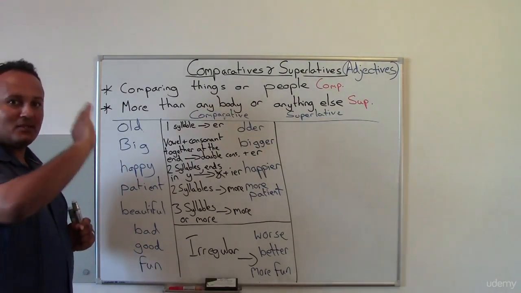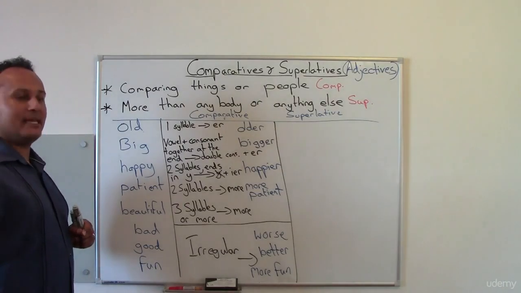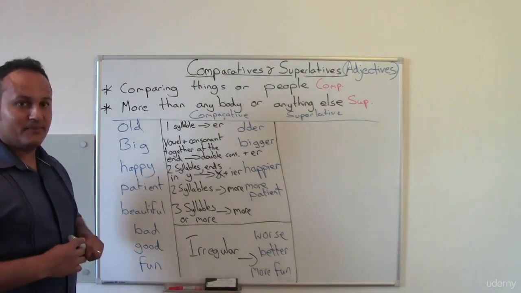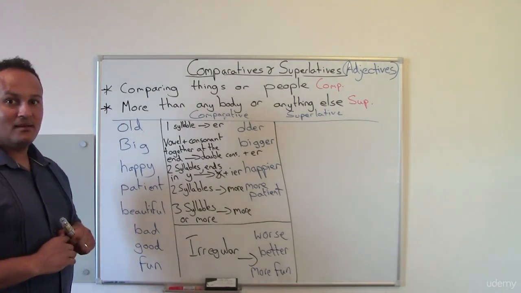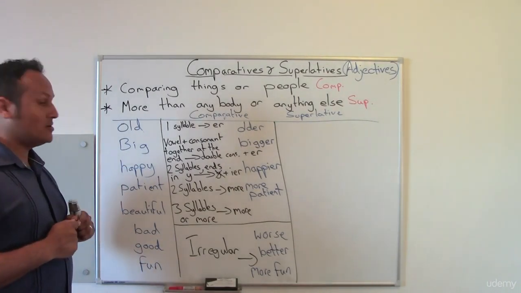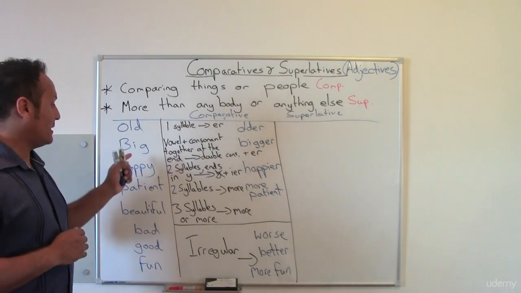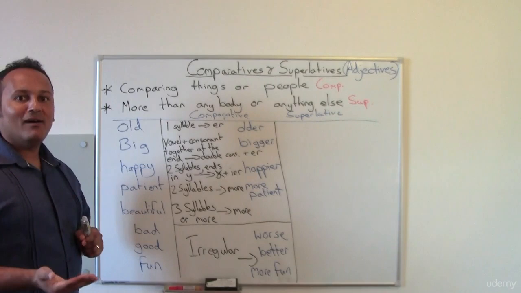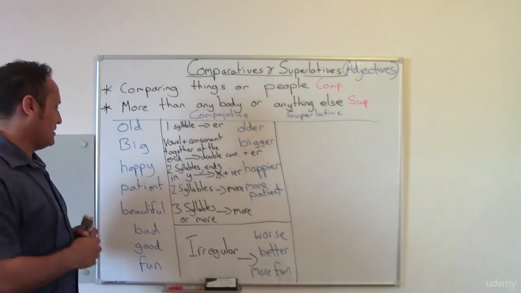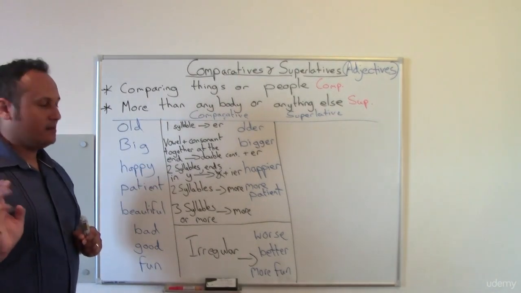Happy, cancel the Y, add IER because it has two syllables and it ends in Y. Patient, well, patient is two syllables, that's correct, but it doesn't have Y at the end, so it becomes more patient, not patienter.